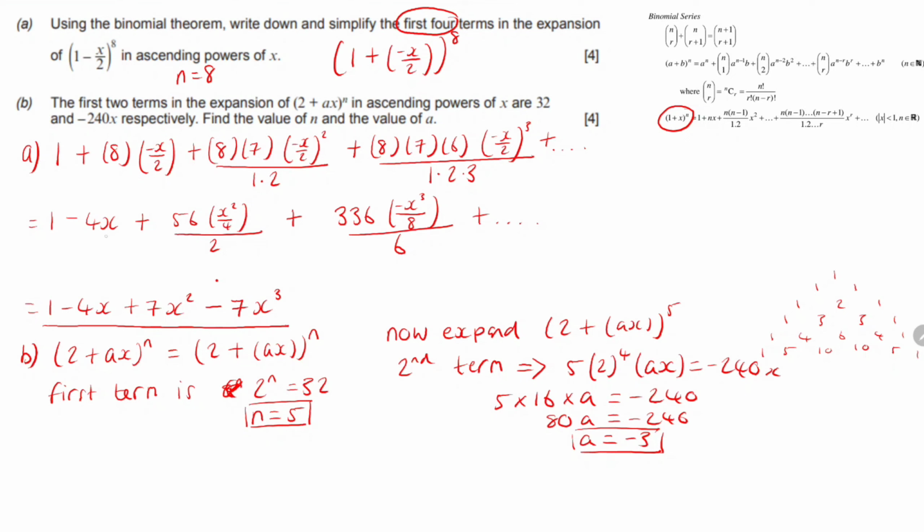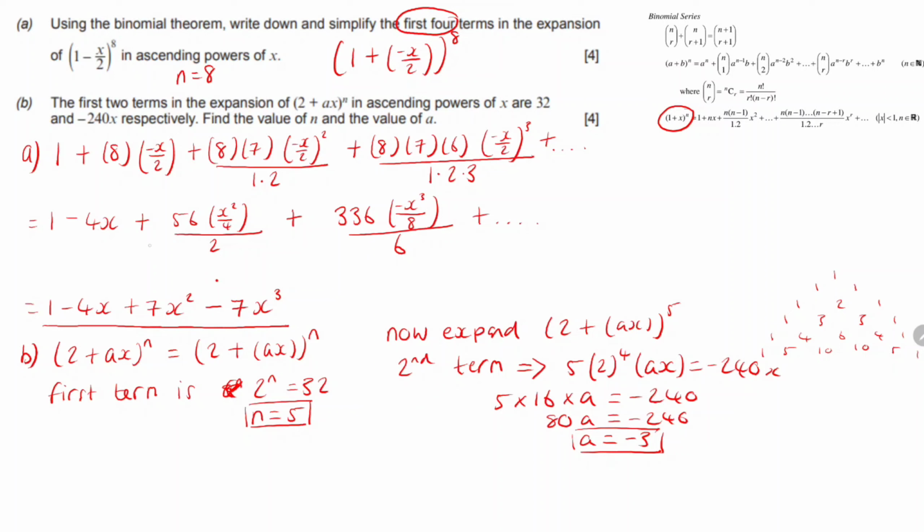Now with regards to simplifying this, again, the first and the second and fourth term were negative values. So you have to just be careful with regards to that question.